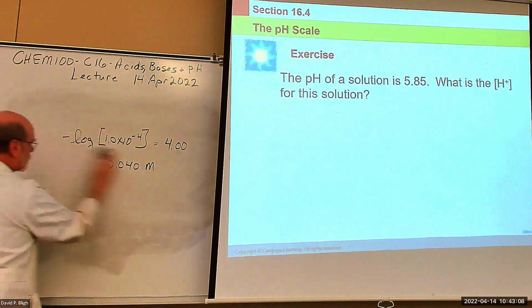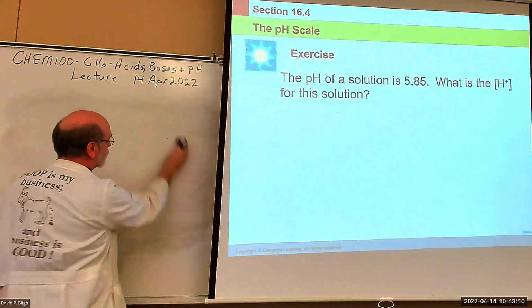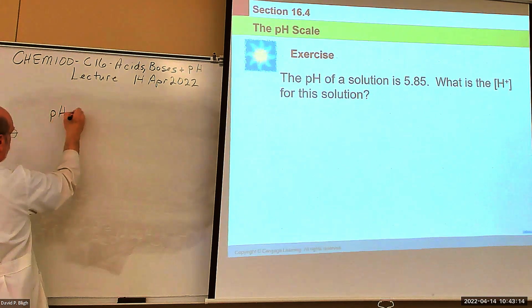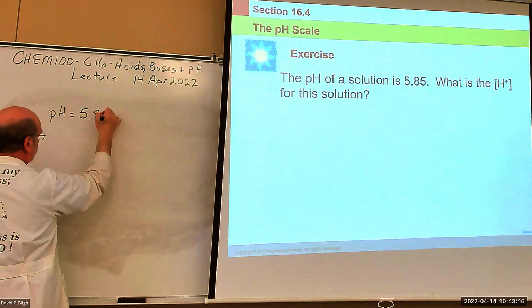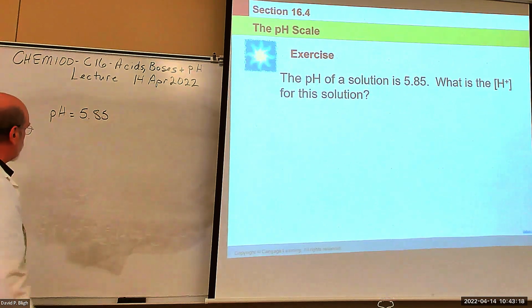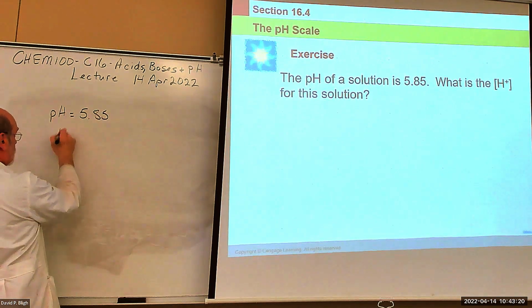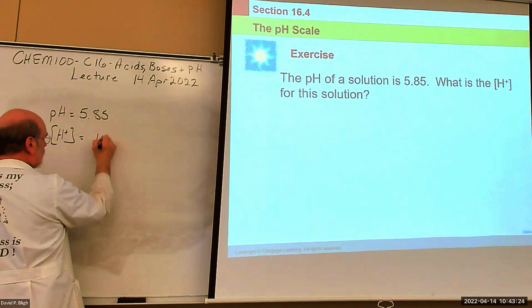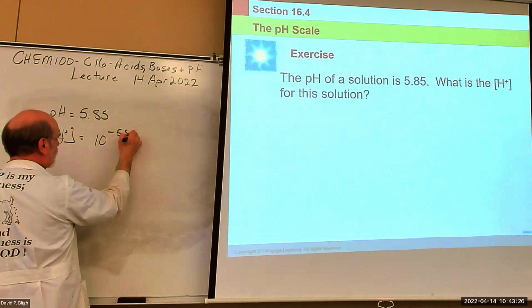So we got another problem here. If your solution is 5.85 pH, what's the hydrogen ion concentration? Well, use our definition, 10 to the minus 5.85.